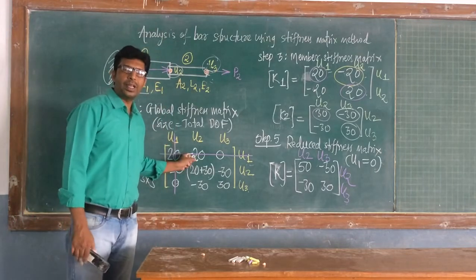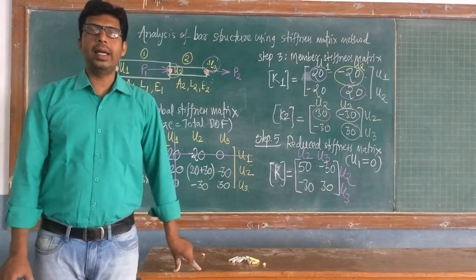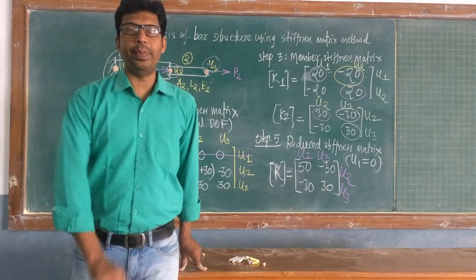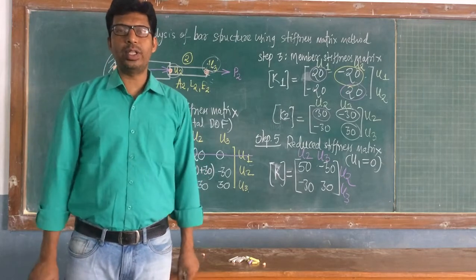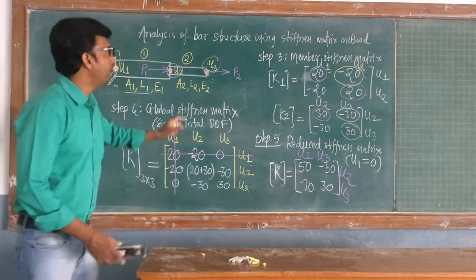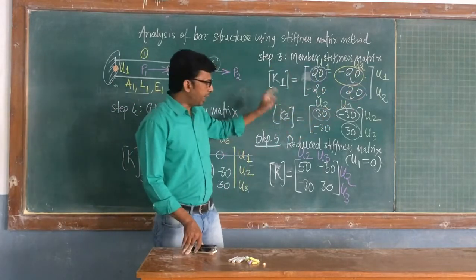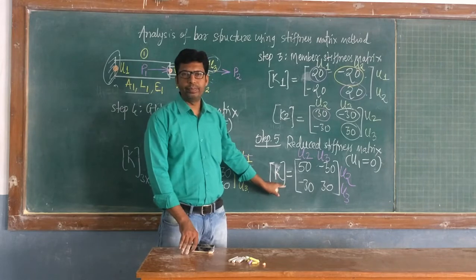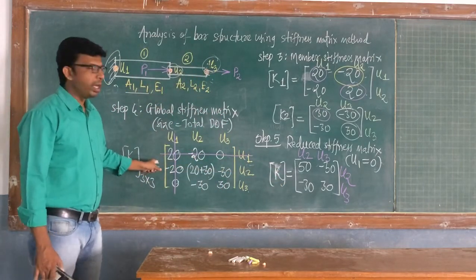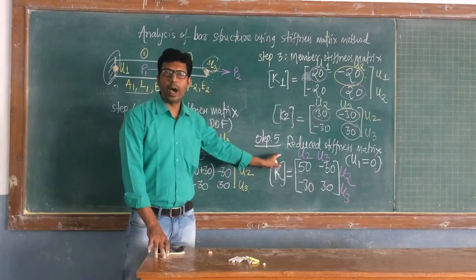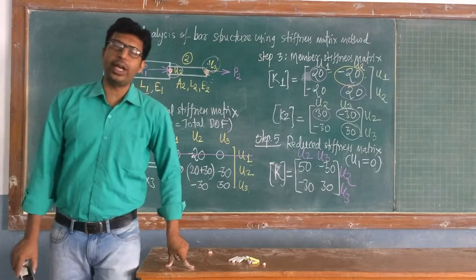One more thing, remember that the global stiffness matrix is not mandatory to write down in the examination. Unless and until it is mentioned in the statement to write down the global stiffness matrix, don't write it down. After step number 3, member stiffness matrices, you can directly write step number 5 as step number 4.